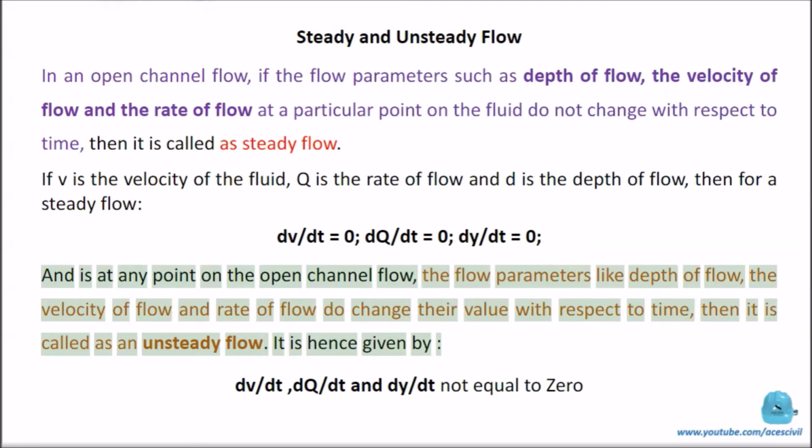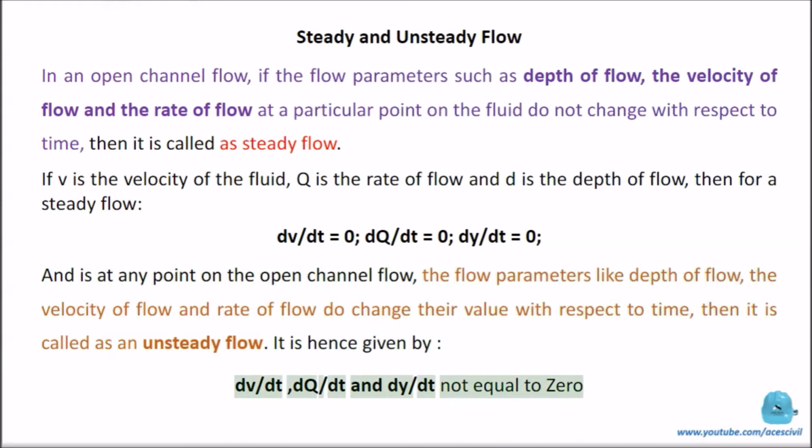If the flow parameters like depth of flow, the velocity of flow and rate of flow do change their value with respect to time, then it is called an unsteady flow. It is hence given by dv/dt, dQ/dt and dy/dt not equal to 0.